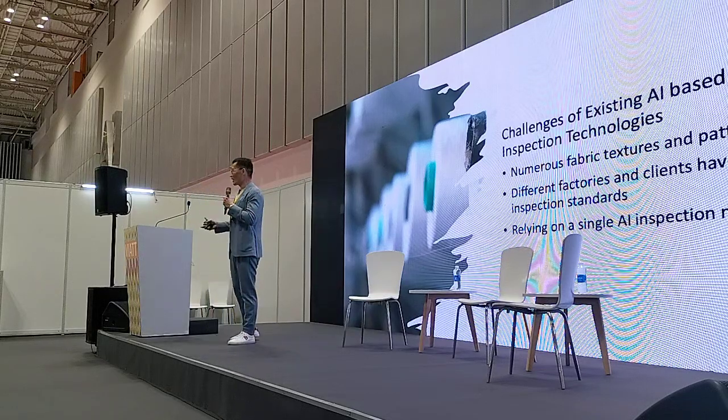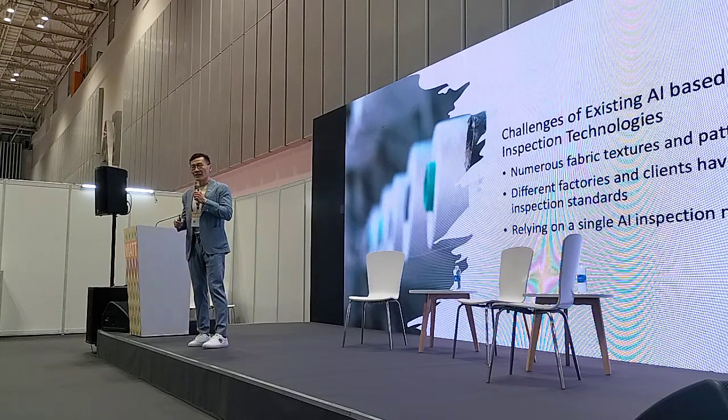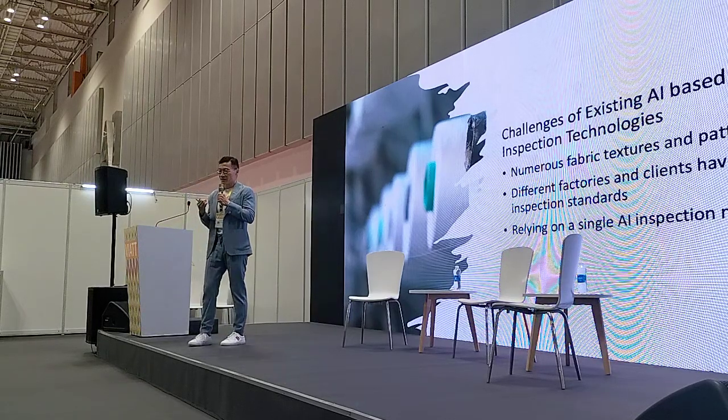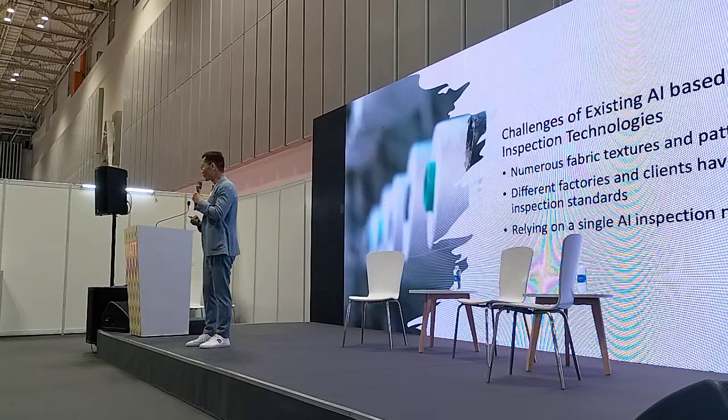Just in China, we have come across around 7 to 8 of those AI technology companies promoting this kind of AI technique for helping the textile mills and apparel manufacturers.